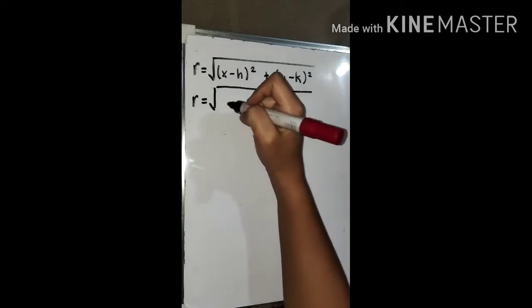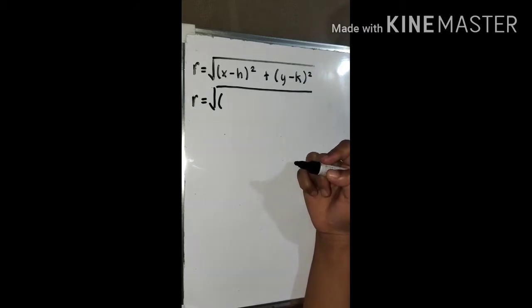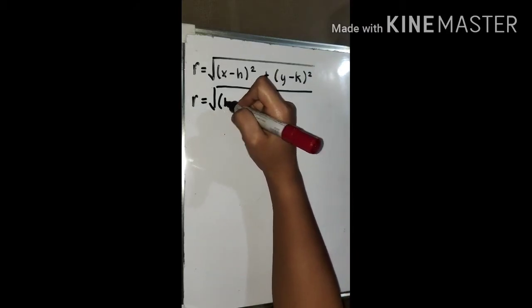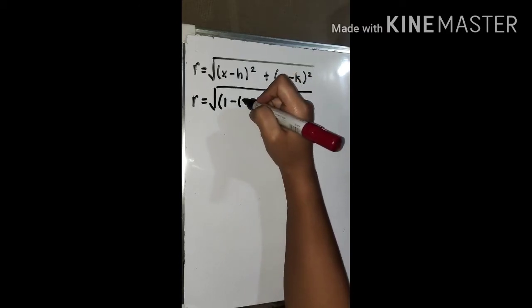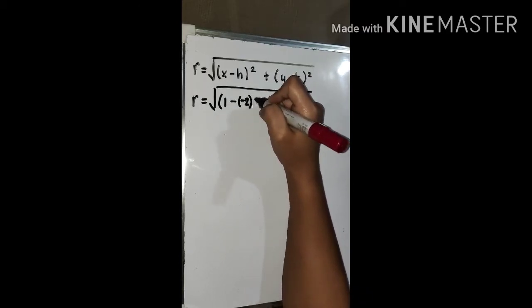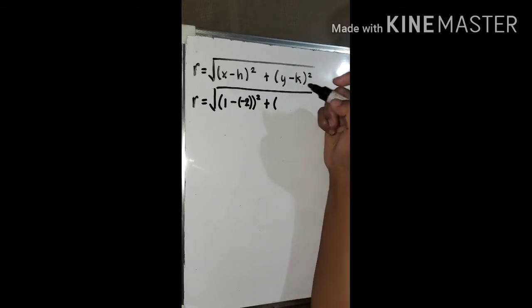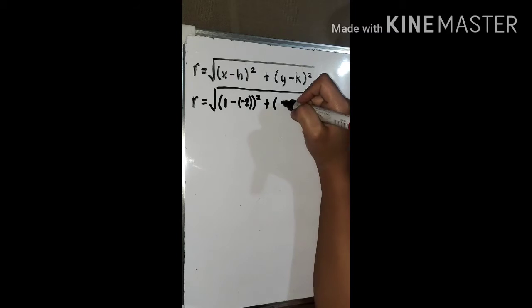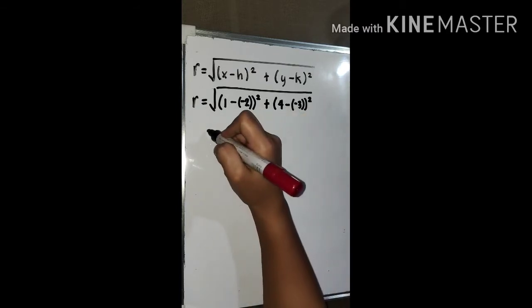So for x, we have 1 minus the h, which is -2, quantity squared, plus the value of y, which is 4, minus the k, which is -3, quantity squared.